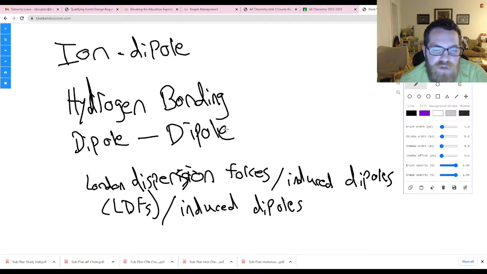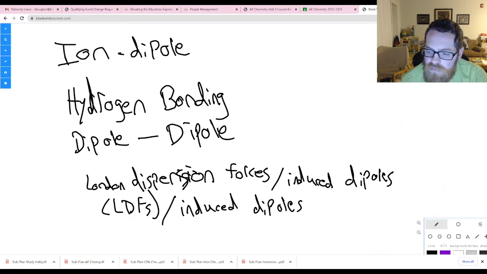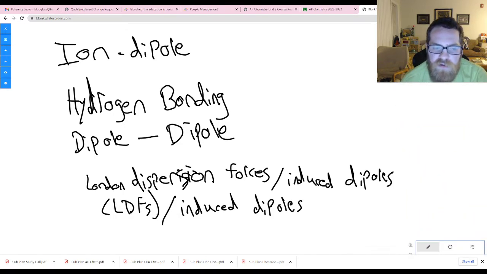Now, even though it's right in the middle, I'm actually going to start off by explaining what a dipole is, because really all of these come down to dipoles. A dipole is, we've talked about this before actually, a result of two poles.